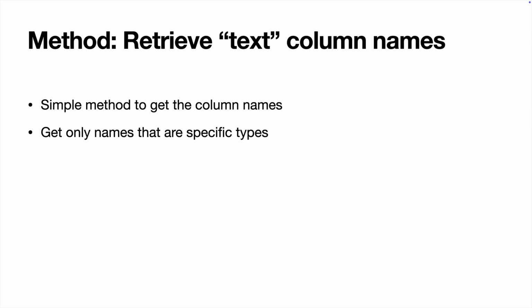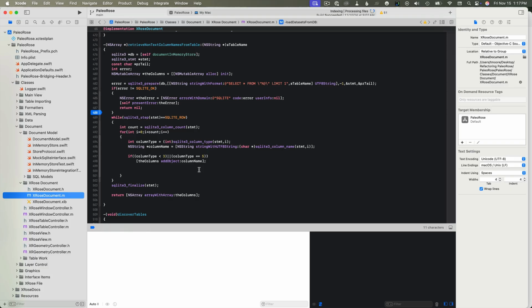So we need a method to extract those names. But we also limit it to specific column types. So with SQLite, you can get a column name and you can get sort of the affinity of the column type. Is it a number? Is it a nullable value? Is it a blob? That sort of thing. Let's take a look at the original method.